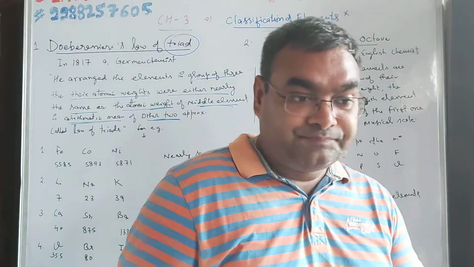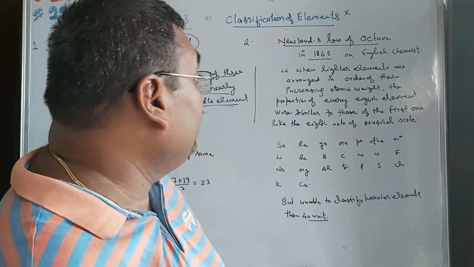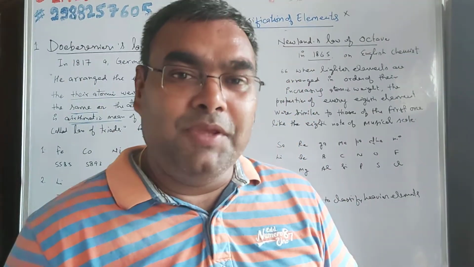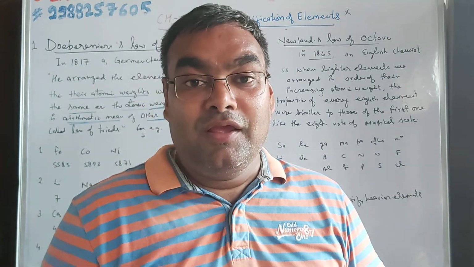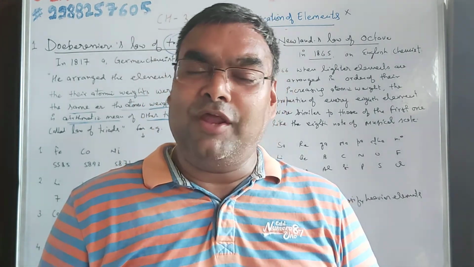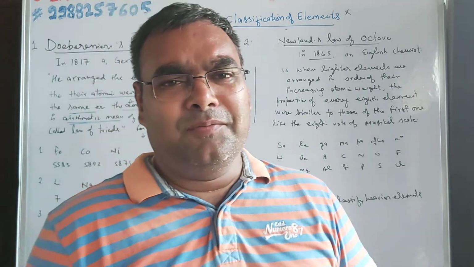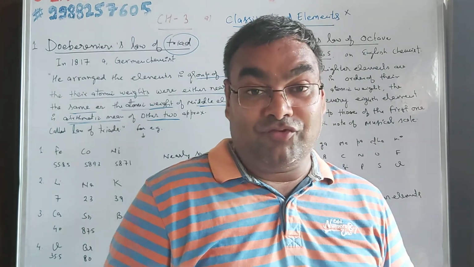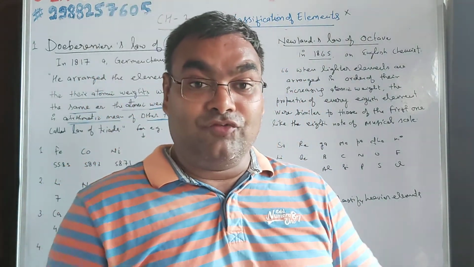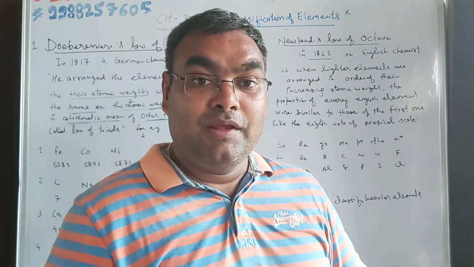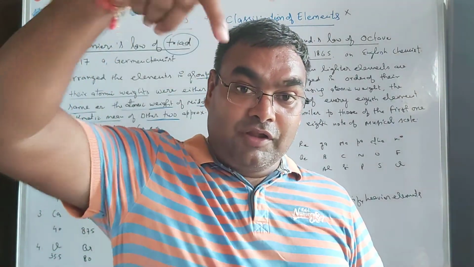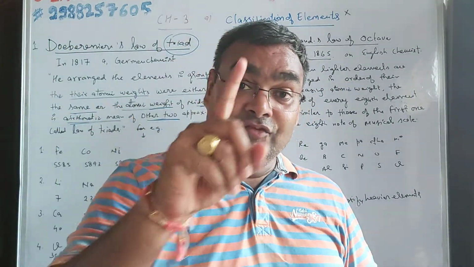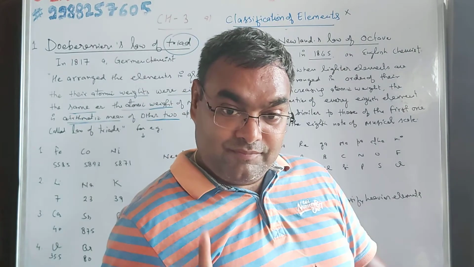By the way, in between, in 1862, just before 1865, there was a scientist, A.E.B. de Chancourtois, who gave a very different and unique pattern of classification, the first 3D classification. He took a cylinder with vertical column lines drawn on its wall, and just like a helix, he joined these lines.